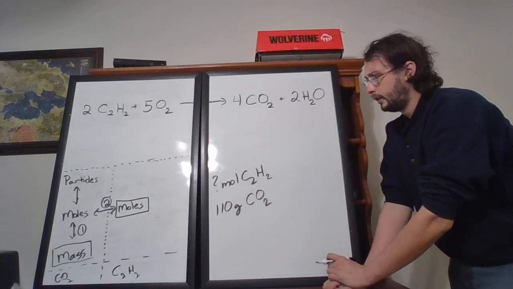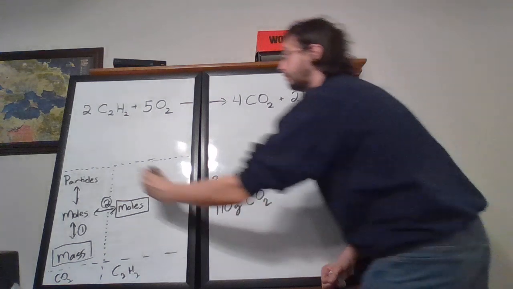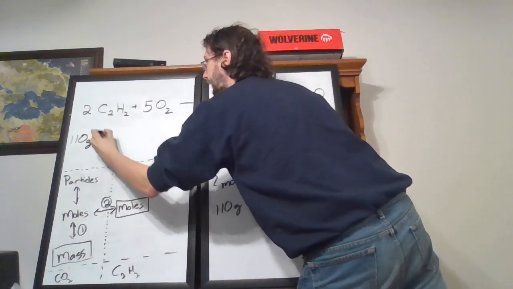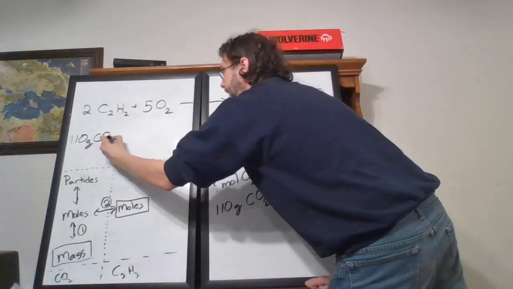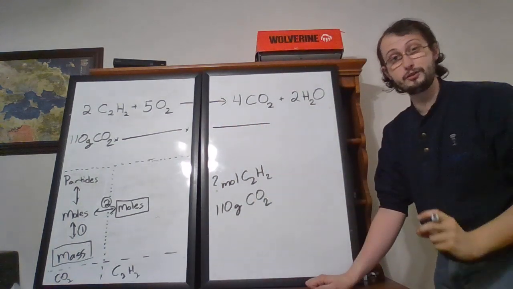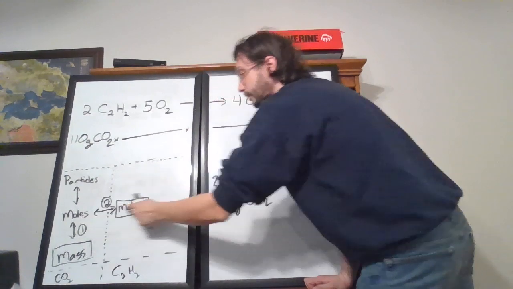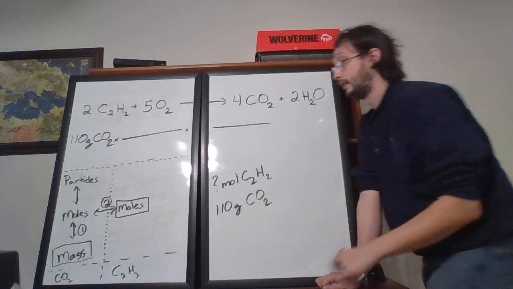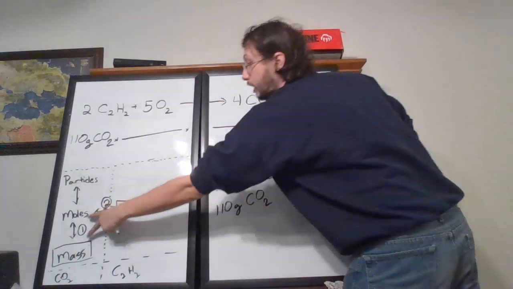All right. Now, let's try to actually calculate this out. Let's see, we got 110 grams carbon dioxide. We're going to multiply by a conversion factor. Actually, we're going to multiply by 2 conversion factors. We know we have 2 conversion factors because there are 2 arrows that take us from mass up to moles over to moles. That's 1 arrow here, 1 arrow here. That means we need 2 conversion factors. Our first conversion factor takes us from mass to moles, and it's mass to moles of carbon dioxide.